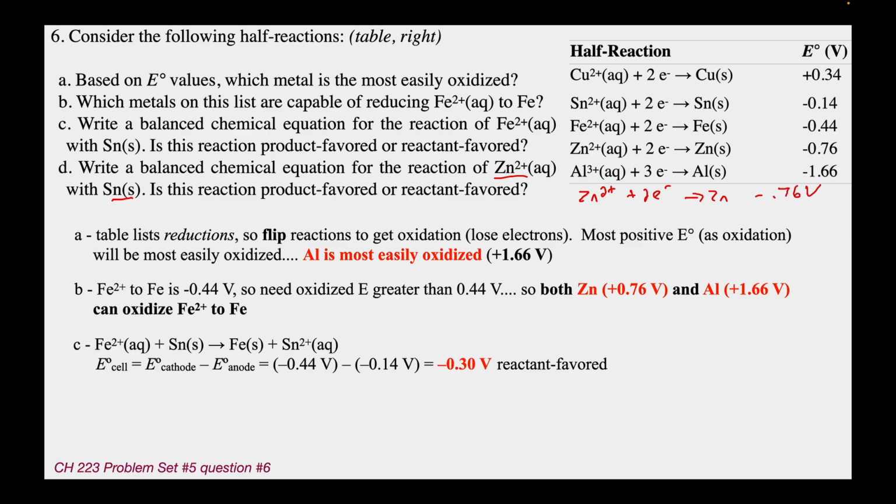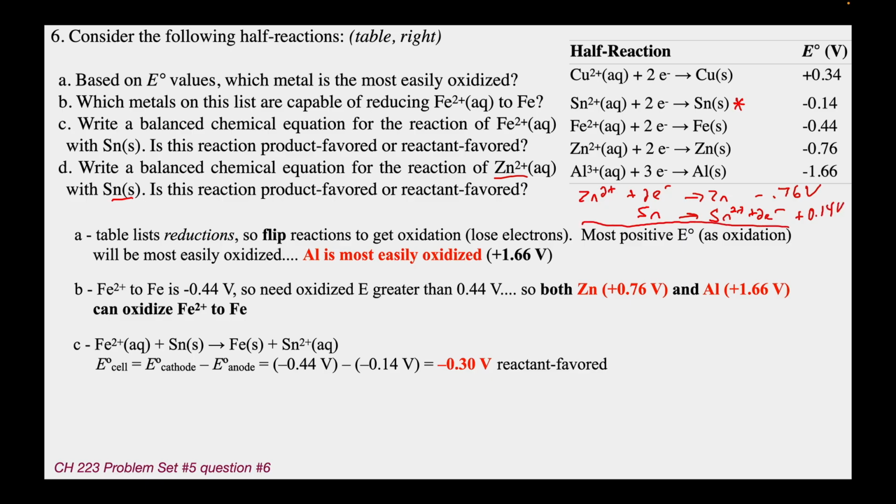But we want to flip the second reaction around because we don't want tin metal as a product, we want tin metal as a reactant. So we're going to flip this one around. Tin is going to go to tin 2 plus and 2 electrons. It'll be positive 0.14 volts.